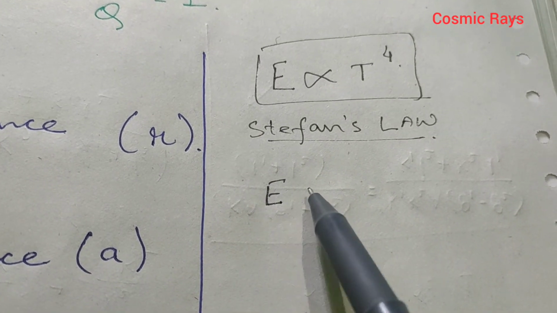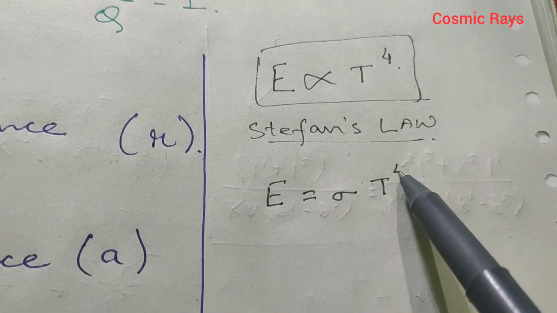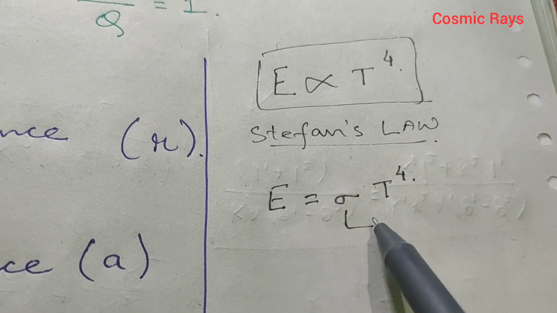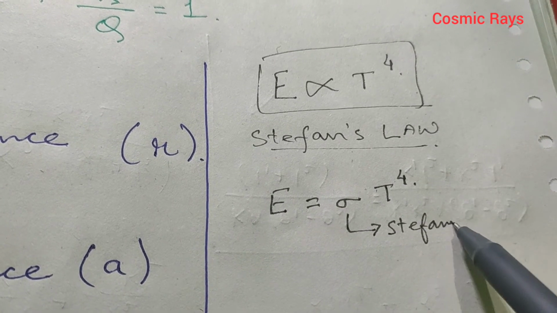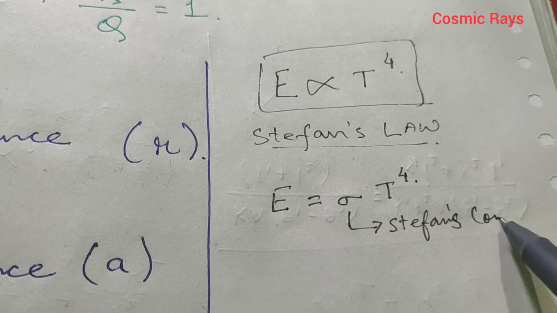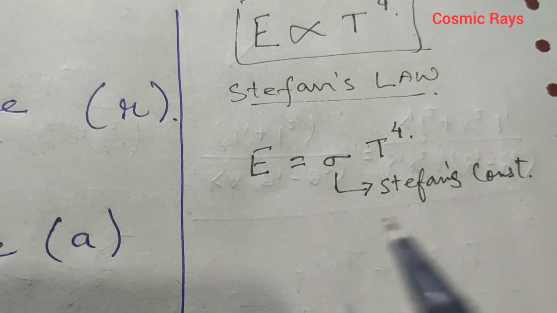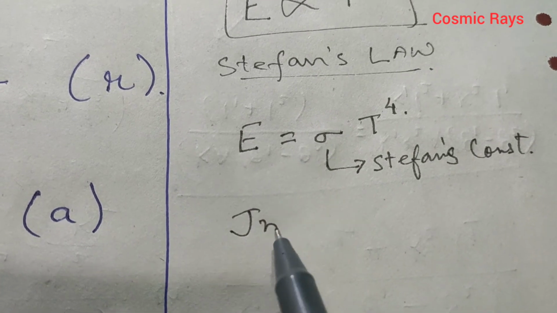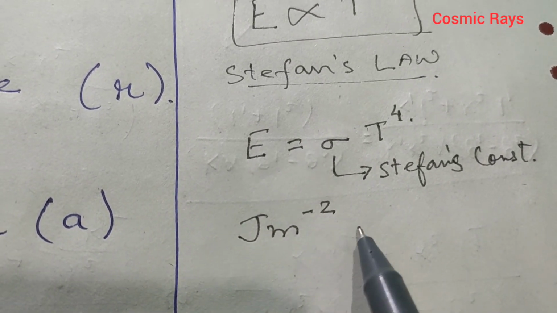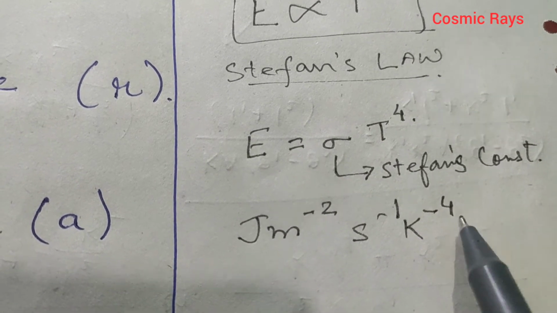So in this case, E is equal to sigma T to the power 4. Now this sigma is known as Stefan's constant. The unit of Stefan's constant sigma is joule m to the power minus 2 s to the power minus 1 K to the power minus 4.